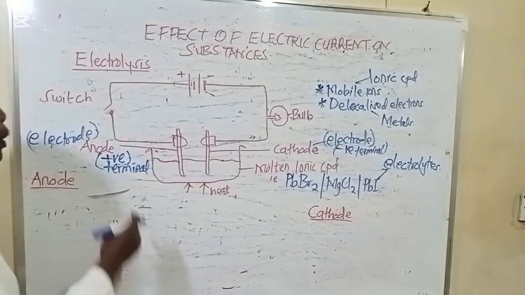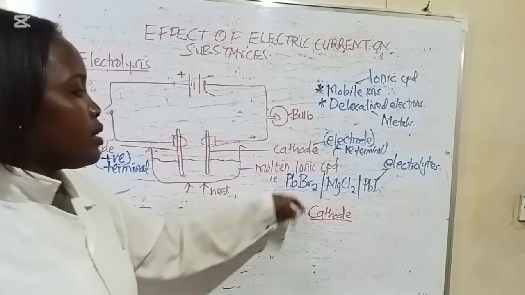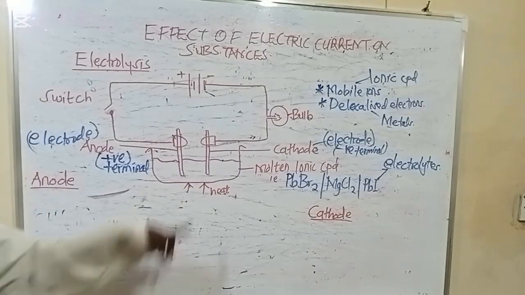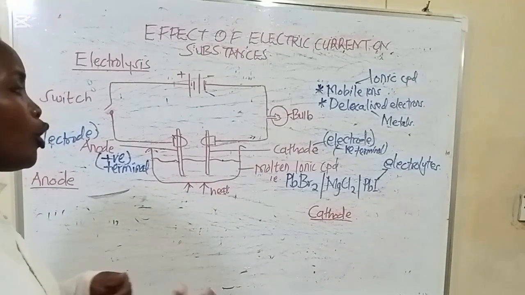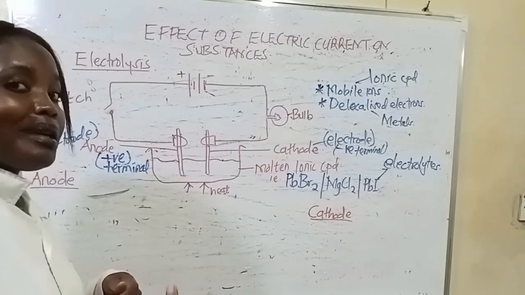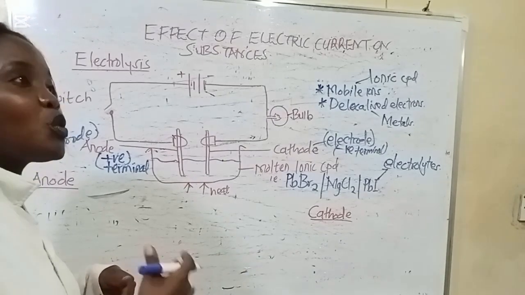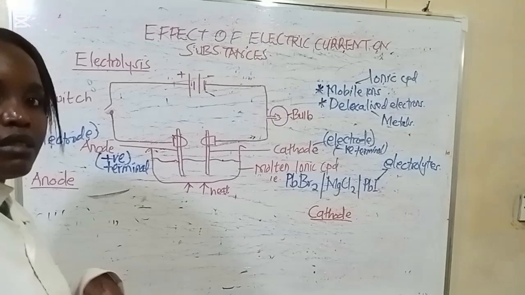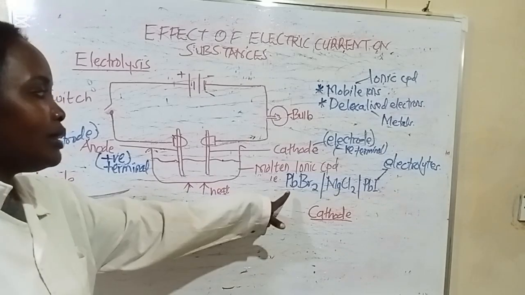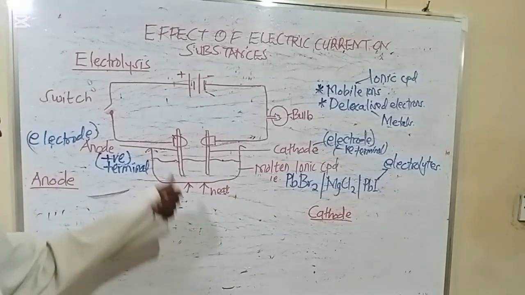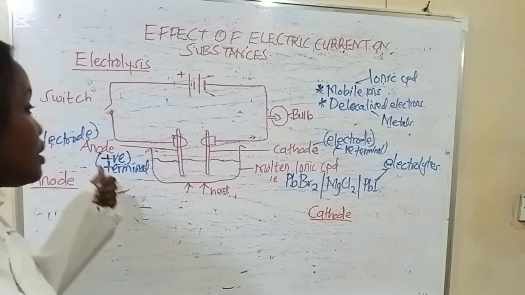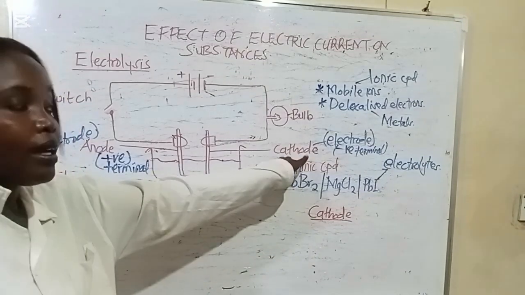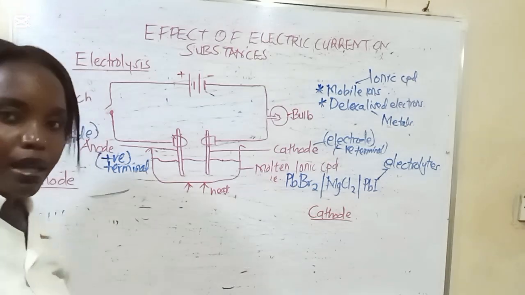Now, it is important to know this because the ions that you are going to have when electrolysis occurs, when decomposition occurs, are going to move. And the movement is going to be affected by a force where negative attracts positive, positive attracts negative, okay? So the negatively charged ions are going to move to the positive terminal, which is our anode, while the positively charged ions are going to move to the cathode, which is your negative terminal.